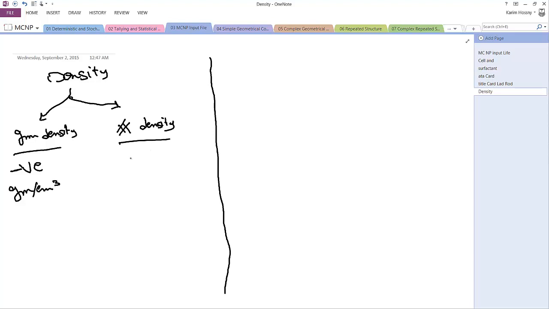If I leave it without a negative, then it's number density or atomic density, and its unit is atom per centimeter barn. And of course we know that a barn equals 10 to the power of negative 24 centimeters square, used to describe the cross section.